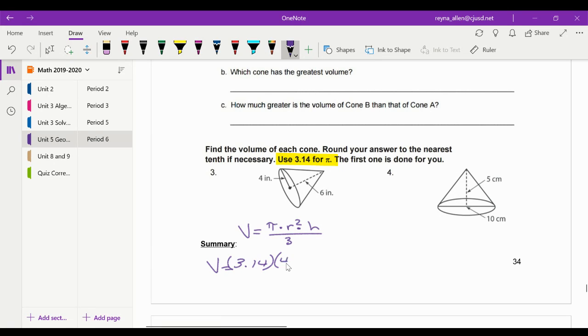My radius here is 4, and my height is 6. And we take all of that and we divide by 3. What is 4 times 4? Good, it's 16.